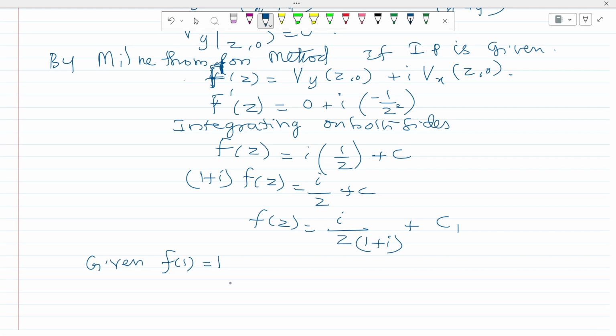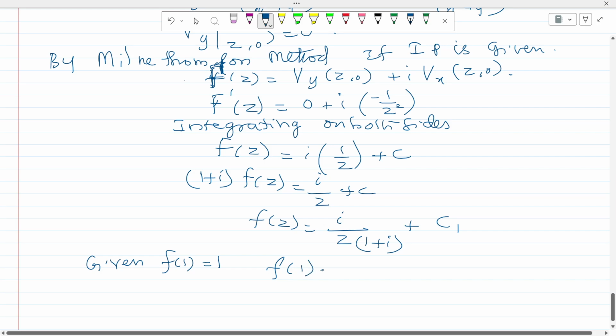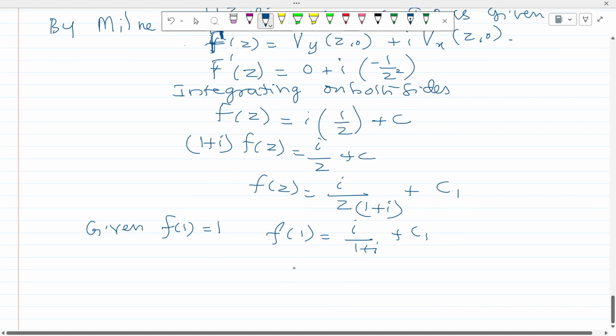Substituting z equal to 1 on both sides, f of 1 equals I divided by 1 plus I plus C1.